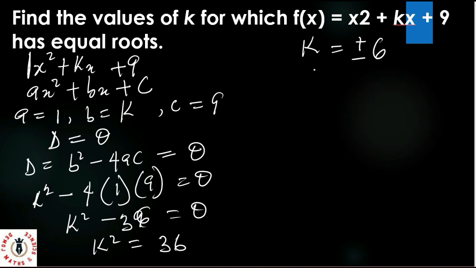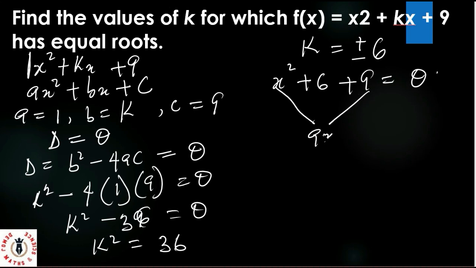So for this to have equal roots, my value of k must be plus or minus 6. Now let's inject the value of k into this equation and see the roots. This is x squared plus 6x plus 9 equals 0. Now, let's factorize. x multiplied by 9 will be 9x squared.